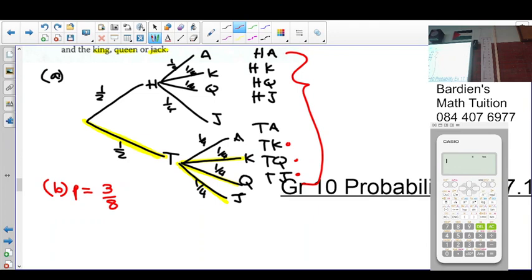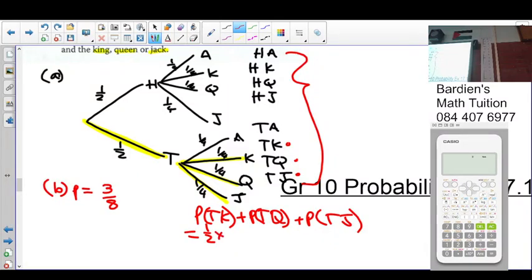Otherwise, if you had gone the other route, you could have said the probability of tails and king, plus the probability of tails and queen, plus the probability of tails and jack, which is 1 out of 2 times 1 out of 4. So that is that path, no?